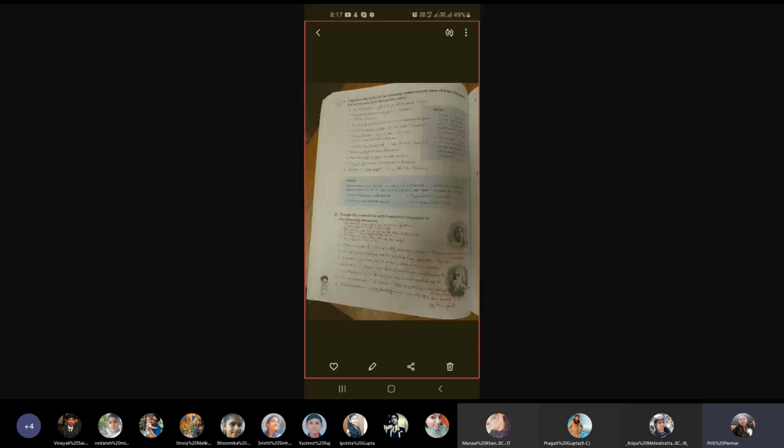Clear? Now we come on to the next page, Exercise A. Here, underline the verbs in the following sentences and state whether they are in the active voice or in the passive voice. Okay, now we'll do the first one.